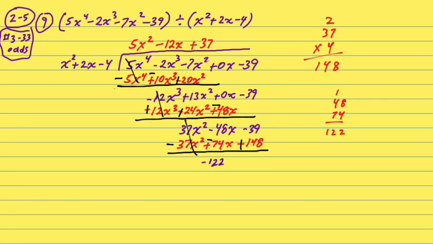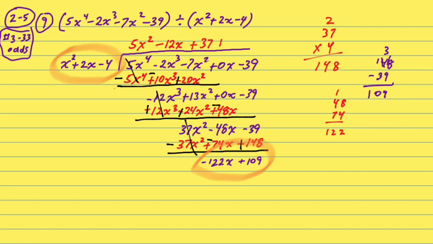Negative 122x. And what do these add to? If you have 148 and you take away 39, you'd have to borrow, that'd be 109. Now because this power is less than my divisor here, I have to put my remainder over my divisor.